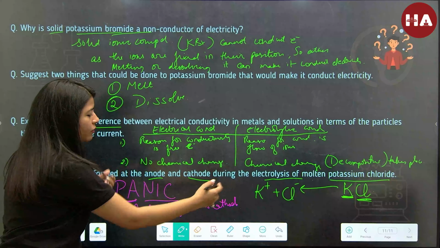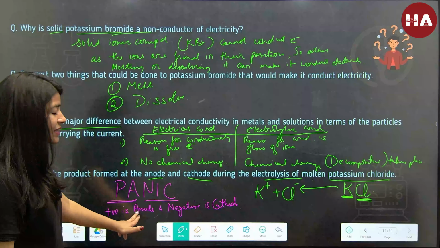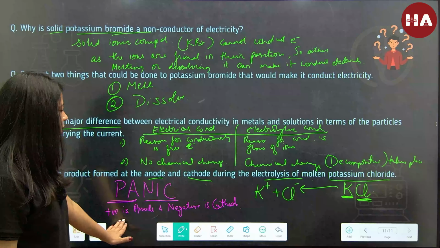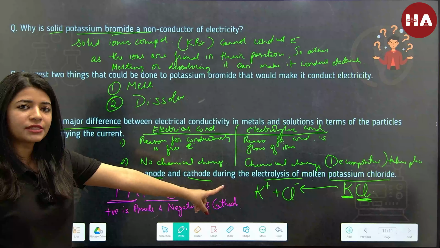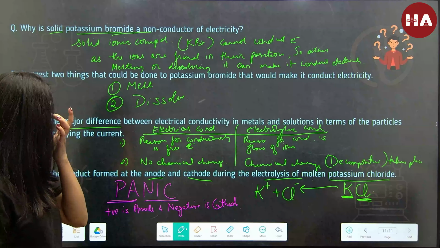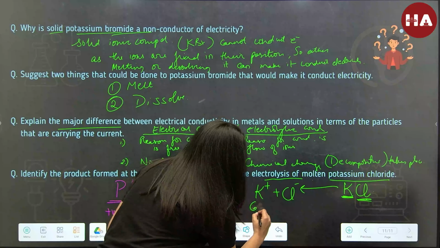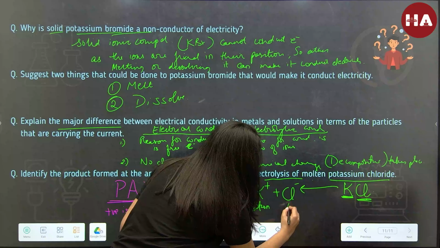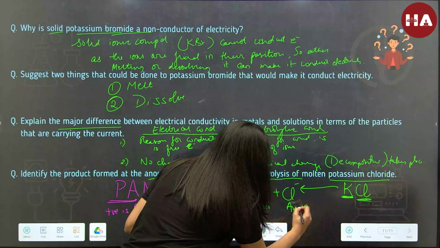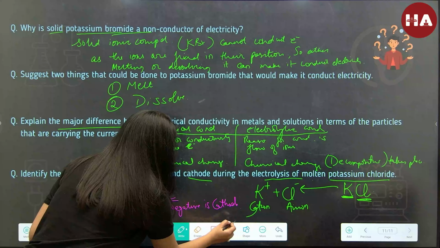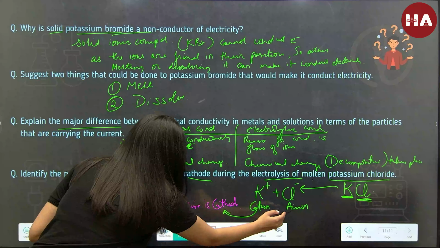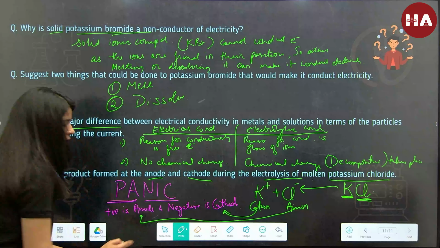So this is how it will break down. So we know positive is anode, so it will be attracted by negative, which is Cl minus, which is known as anion. Let me write down, this is cation, this is anion. We know that cation will go to cathode and anion will go to anode, right?